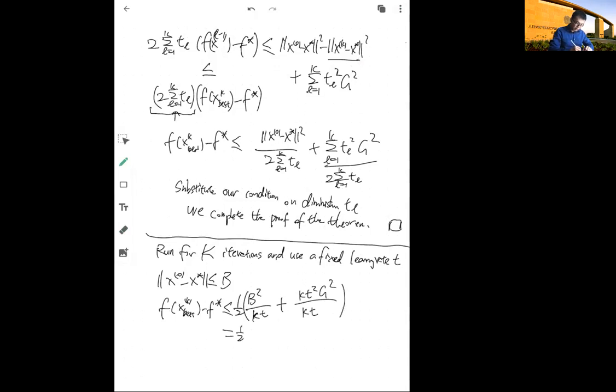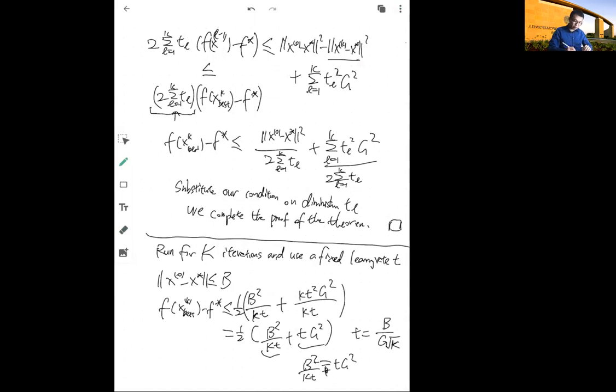So this is half b square over kt plus t g square. So the optimal choice of t is the one that makes these two equal. So we want to choose b square over kt equal to t g square, and move t to the other side, and we can show that the optimal choice of fixed t here is b over g divided by square root of k.